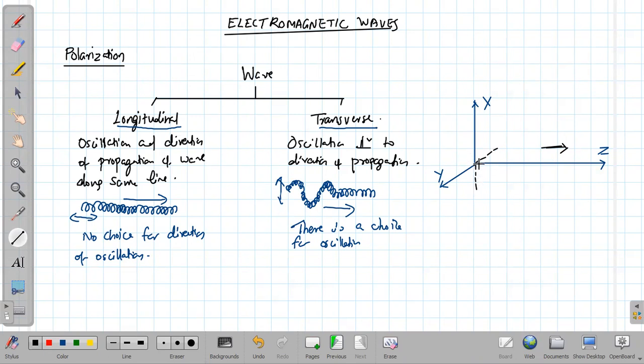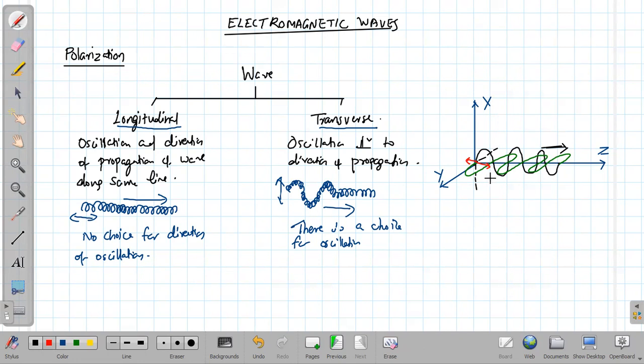So either the wave can oscillate along X direction like this. That is one possibility, the string is oscillating along X direction. Another possibility is the wave can oscillate along Y direction. Or it can oscillate in some other inclined direction.